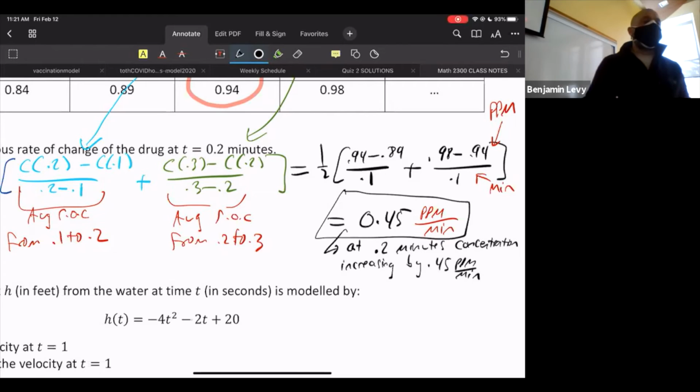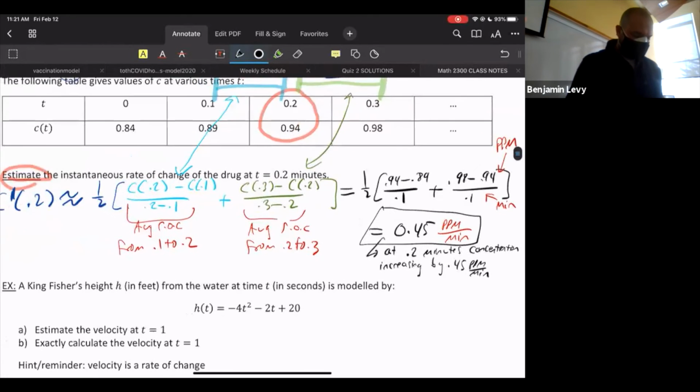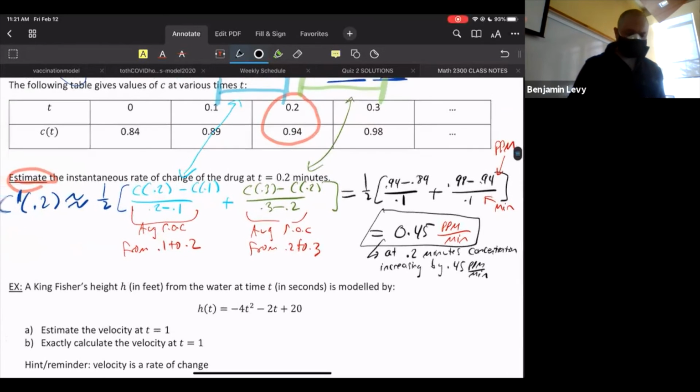And I can't say it enough times because that unit is a little bit misleading. ppm per minute makes you think that next minute is definitely going to go up 0.45. It's just saying at this current rate, that's what would happen. All right. Is that okay? The estimate part, the estimate.